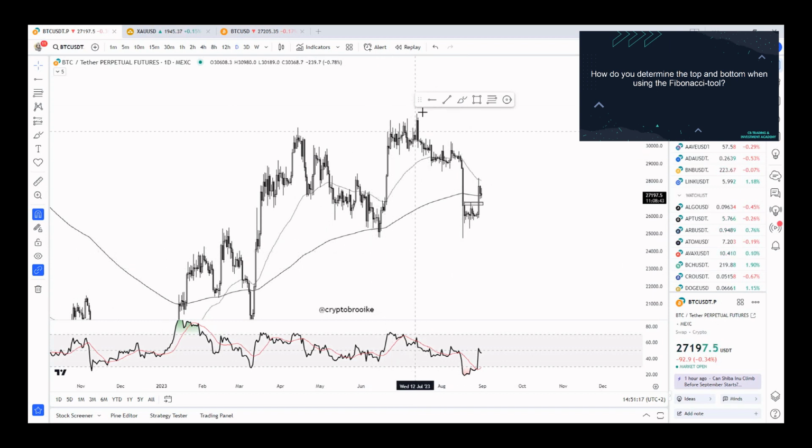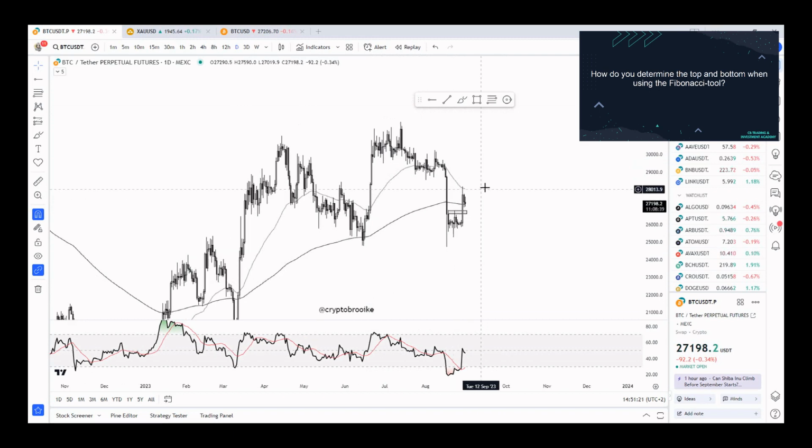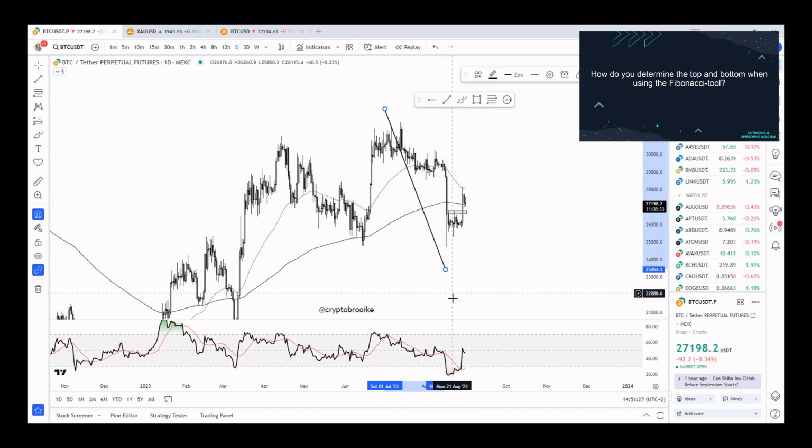So let's say we had the recent move down, so that's this move from here to there. That was the down move. When a move down happened, you want to know if you think this is the bottom.